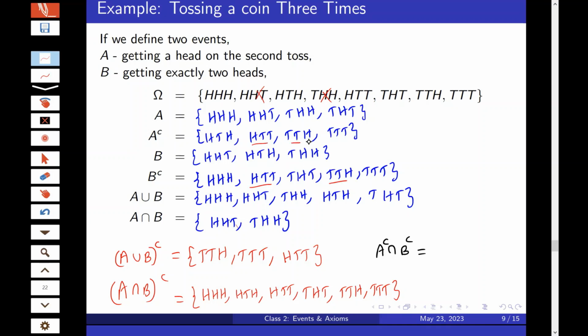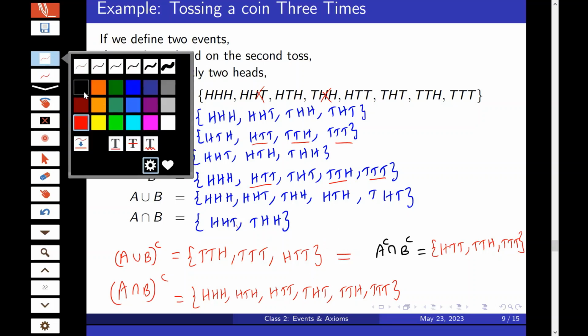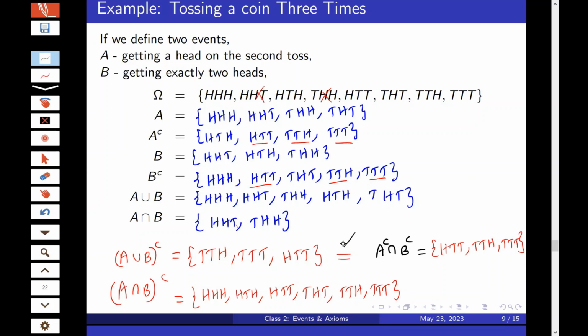TTH is here, and TTT is here. So the common items are HTT, TTH, and TTT. Can you see these two are equal? This comes from De Morgan's law as well. That's what we discuss under De Morgan's law.